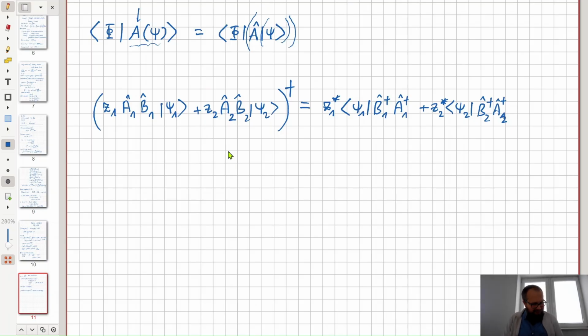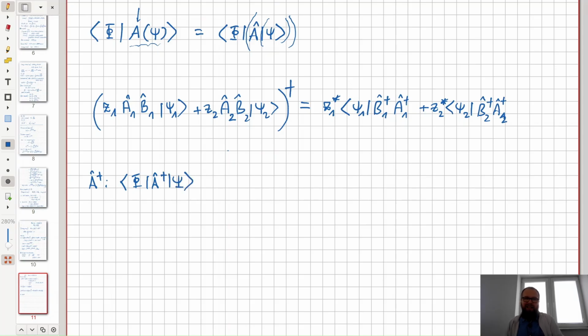Well, if you abuse the definition of Hermitian conjugate a little bit, this is where you get this rule. At the very beginning I was explaining that if you define an operator A dagger, it is defined by this relation with the inner product.